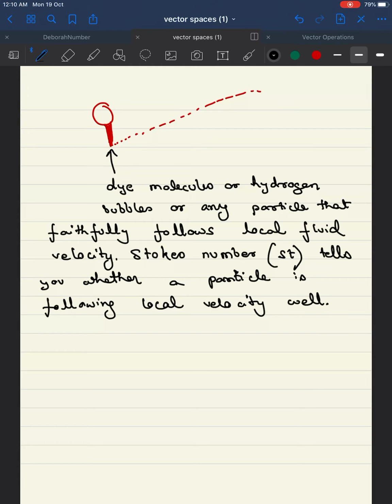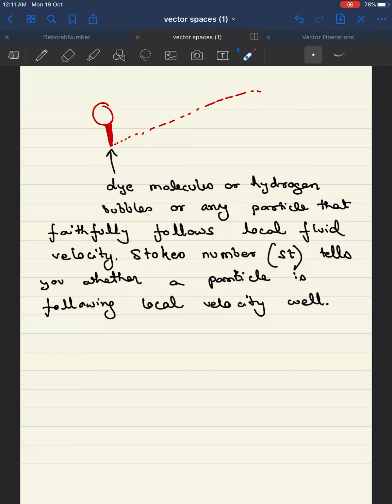Okay. But if we assume that the dye molecules or the hydrogen bubbles or whatever the particles are such that they have the appropriate Stokes number and that they do follow the local fluid velocity, then all of these different points have passed through this initial location at some point of the time or the other.